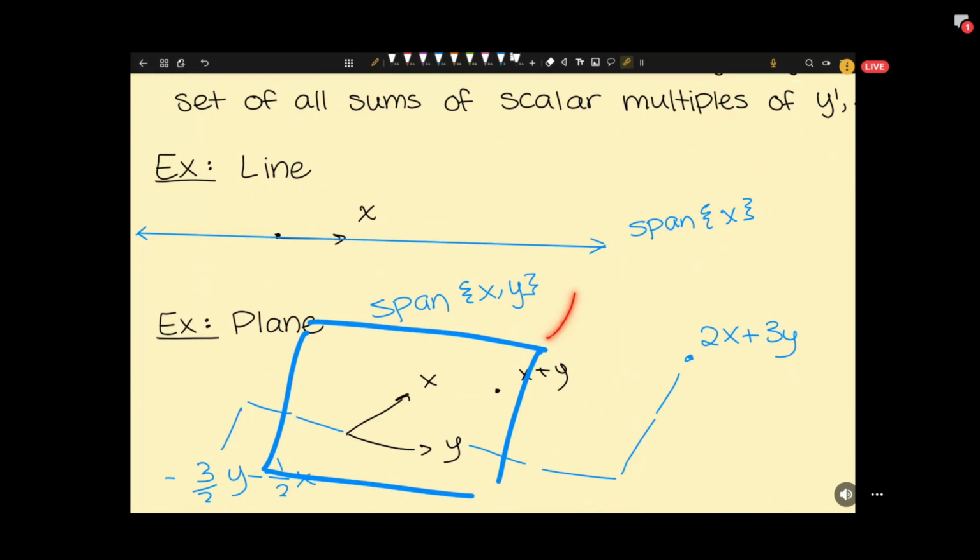There are technicalities for when something can be a basis. For instance, if we had the vector y and another vector going in the opposite direction, obviously you take combinations of these and you don't get a plane. And so these two vectors could not be a basis for the plane.